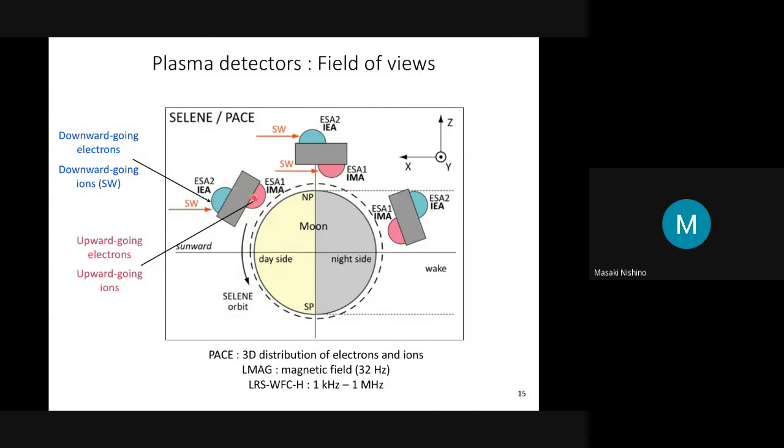Another couple of sensors face directly upon the lunar surface. One of them, IMA, is for detection of ions from the lunar surface, and ESA1 is for the detection of electrons.